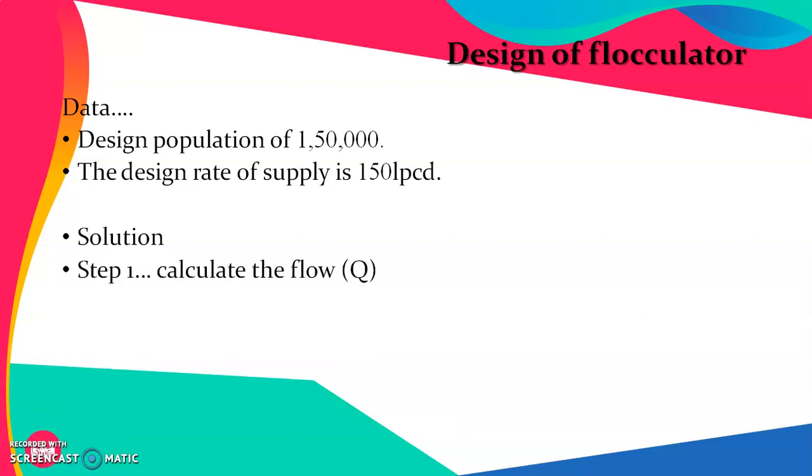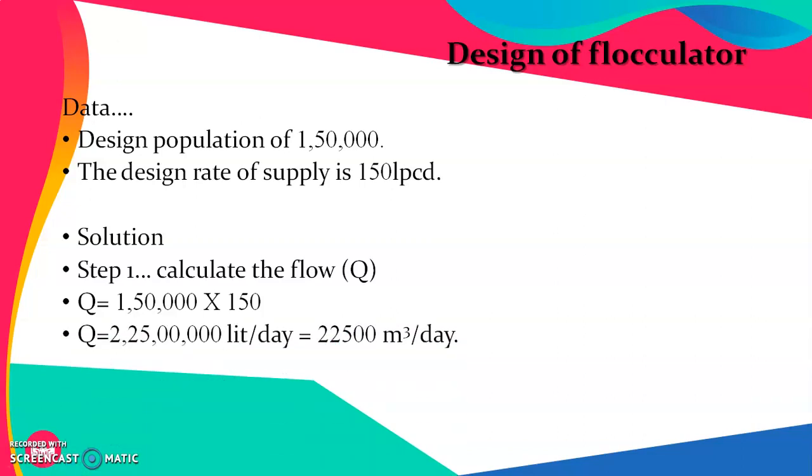So step 1 is to calculate the flow. Flow can be calculated by multiplying the design population with the design rate of supply. So it will be 1.5 lakh multiplied by 150 LPCD, which is approximately 22,500 meter cube per day. Please do all these calculations while I am explaining this.